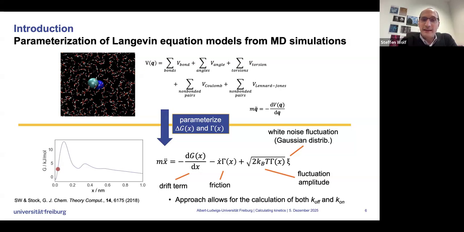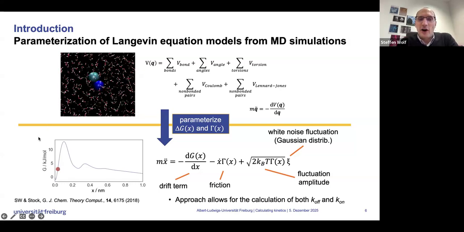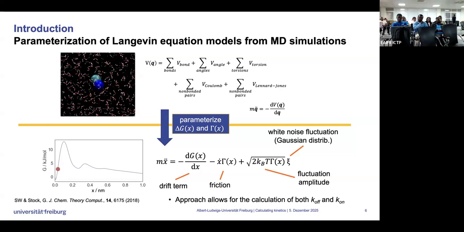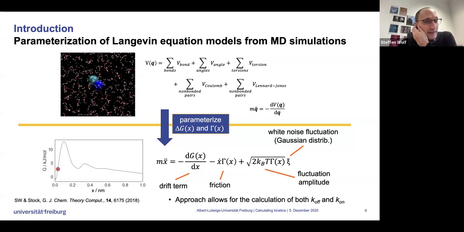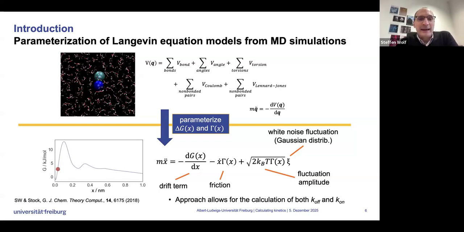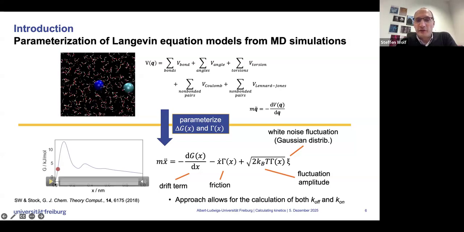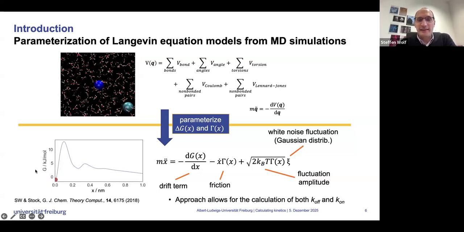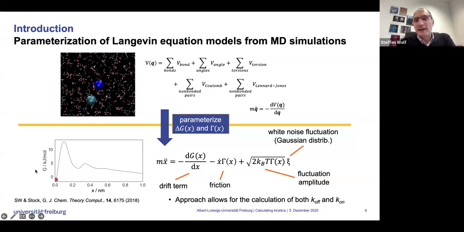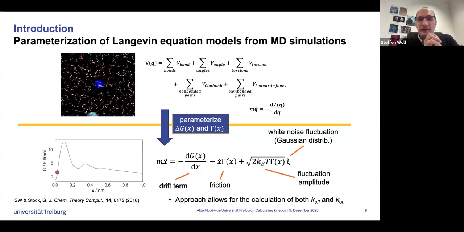And this is the approach that we take here, which is that we go away from a fully atomistic picture, and instead of simulating atoms, we use these kinds of simulations to parameterize an efficient model, in this case, a free energy landscape, along a coordinate of interest in our simulations.